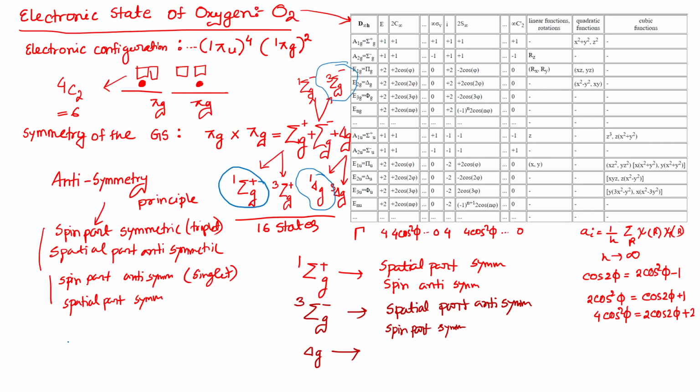So in your ground state, oxygen, it is when singlet delta G. Okay. So this is the case for your oxygen.